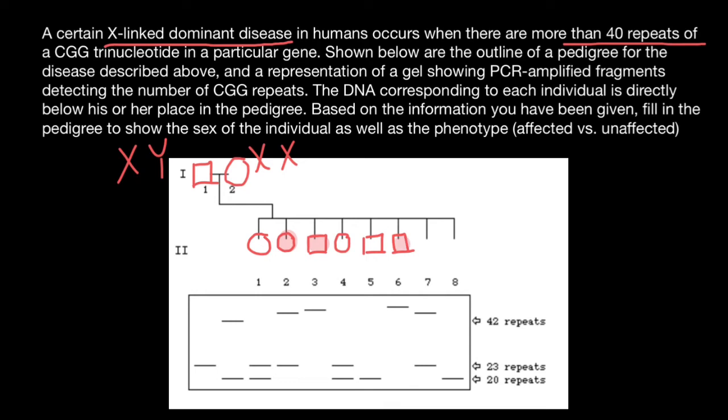And next we have a female, with two bands and one band over 42 repeats. That means that this female is also affected, just like her brother. And the last one is going to be a male, and this male is going to be phenotypically and genotypically normal.